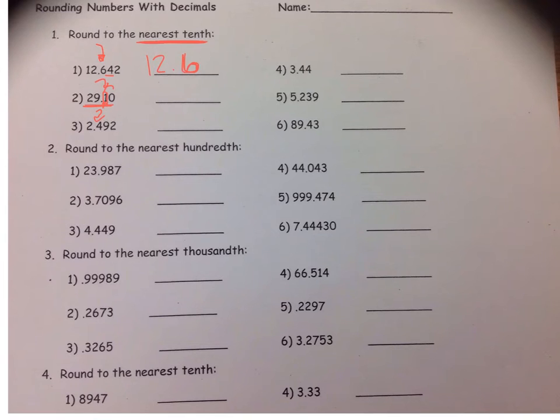So it's not higher than 5, so we're going to round down to 29.1. Now, on the third example that we have here, if we take a look, 2.49. This 9 means that we're going to round the tenths place up to 2.5.